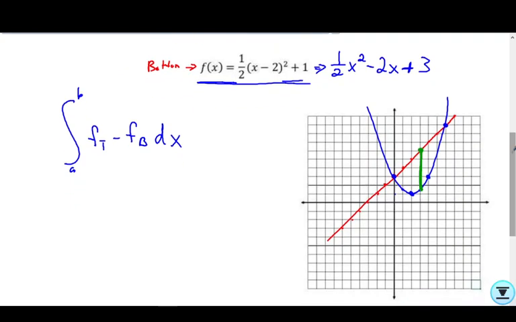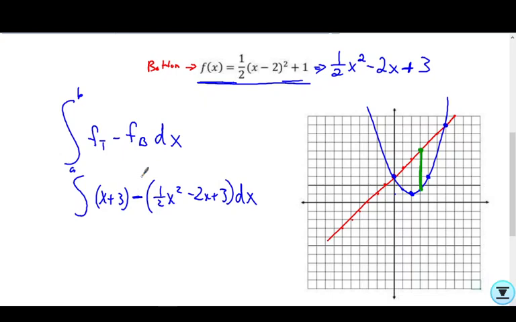So when I plug in my function, I'm going to get the top function, which is x plus 3, minus the bottom function, which is 1/2 x squared minus 2x plus 3, dx. Okay? Now notice I put both of them in parentheses, and this is for two reasons. One, it shows you which function is the top one, which function is the bottom one, but also since I have subtraction going in here, I have to remember to distribute all the way through.